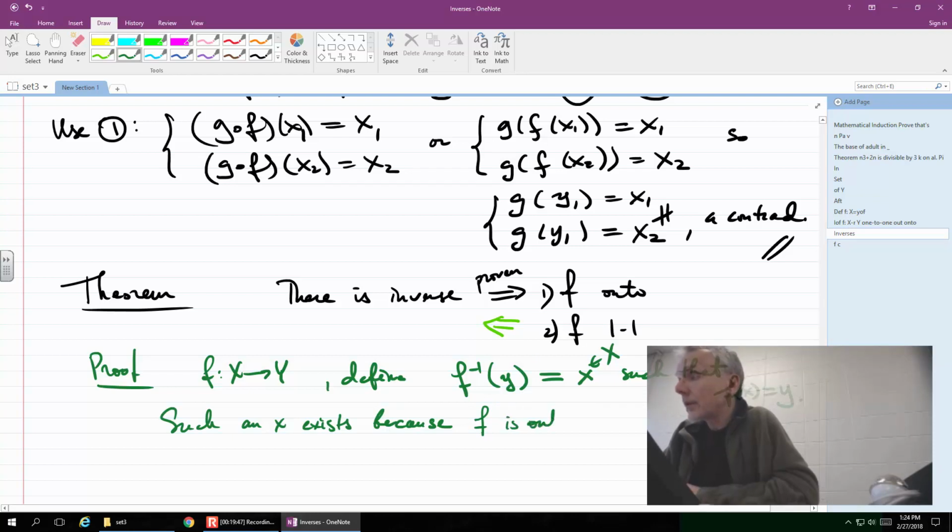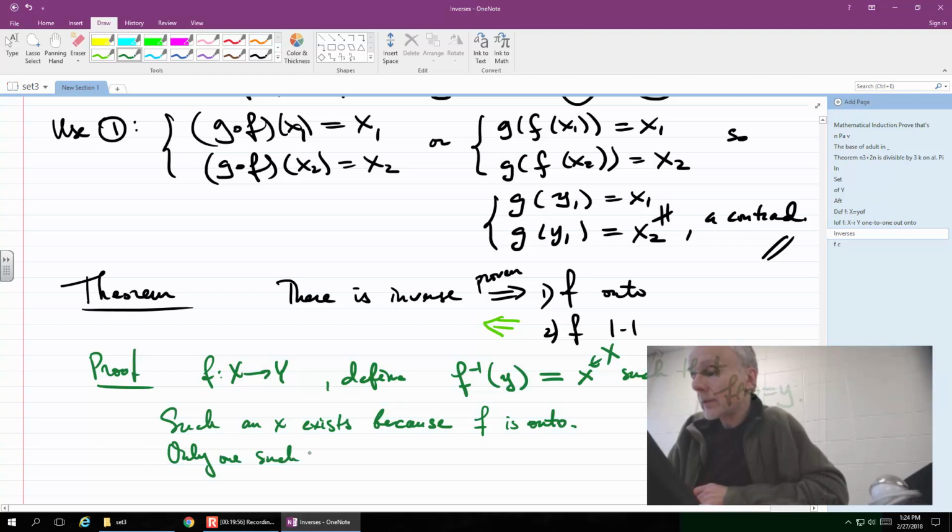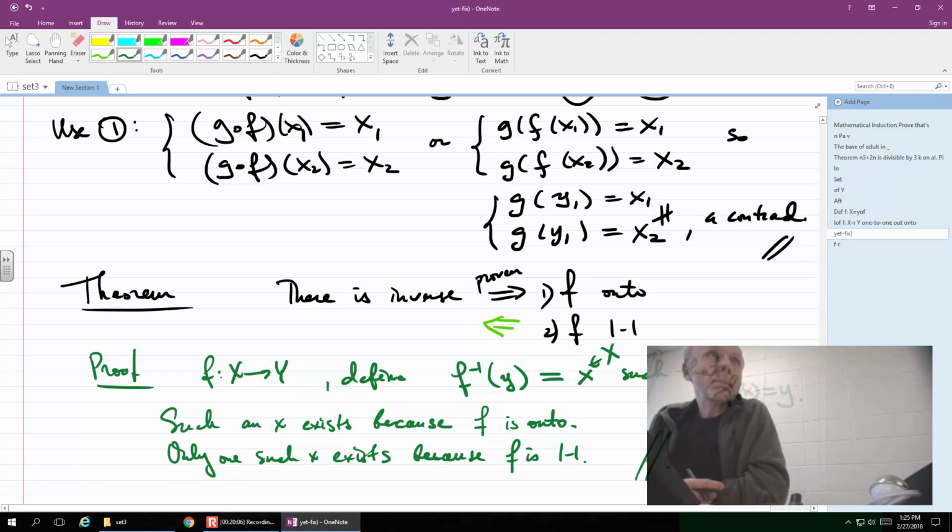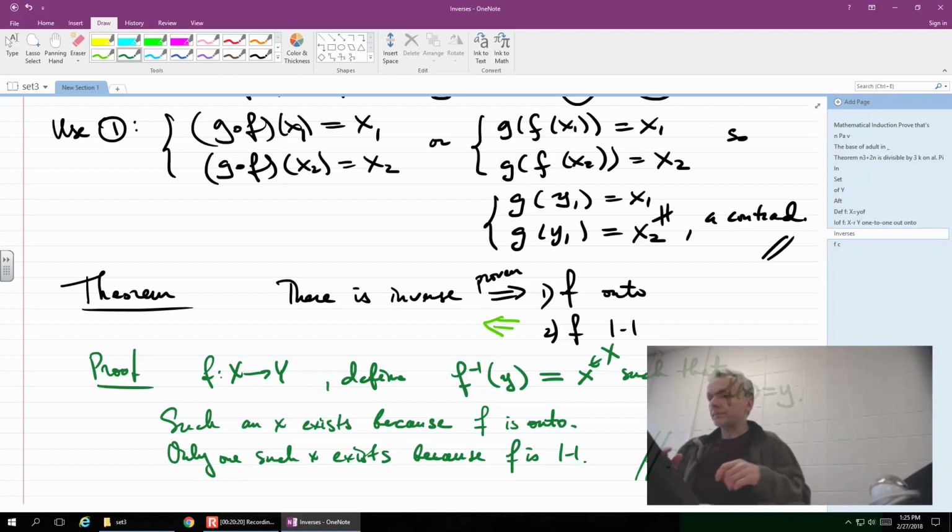Such an x exists because f is onto, and then there is only one such x because f is one-to-one. So it goes back both ways, and it will be applicable in the future.